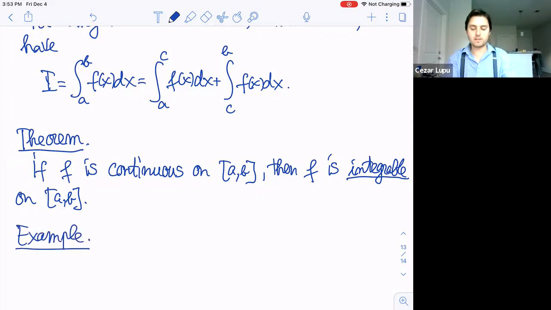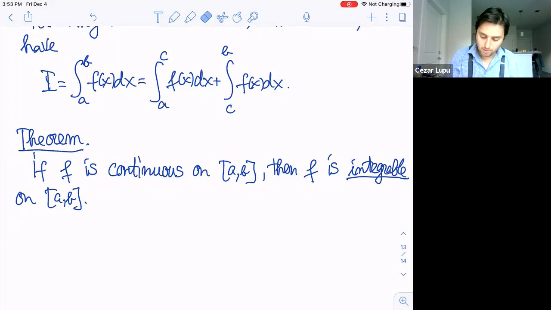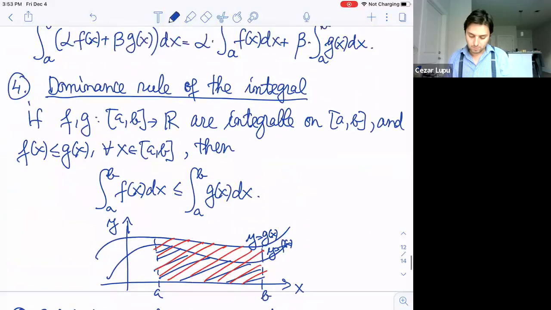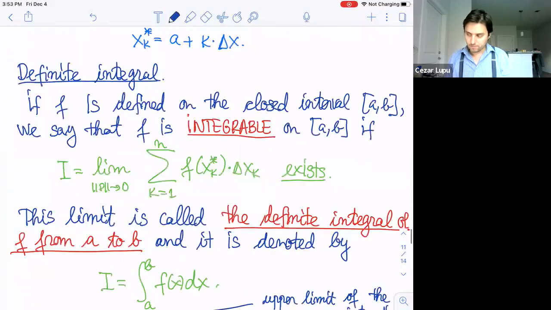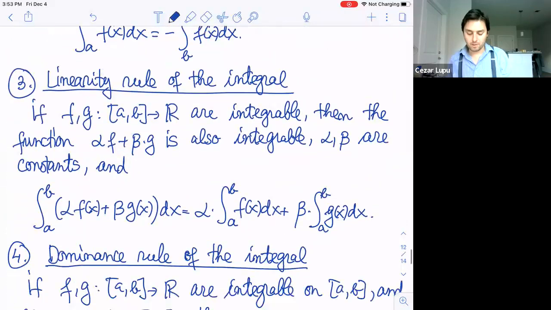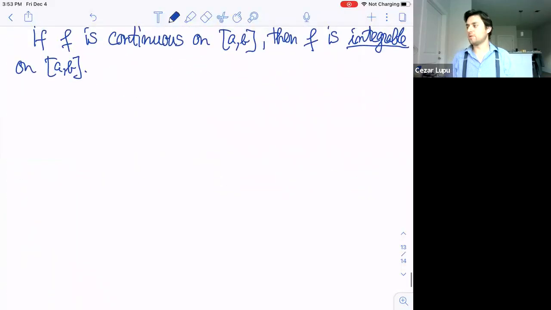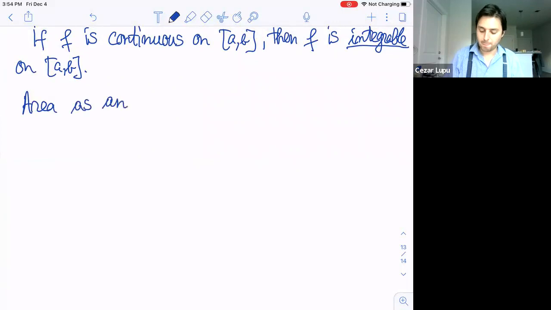Anyway, now in the remaining time, let's deal with some examples. The first example that I have in mind, yeah, we will evaluate this. But before, let me say one thing very important, because it's important before we deal with examples. The area is an integral.